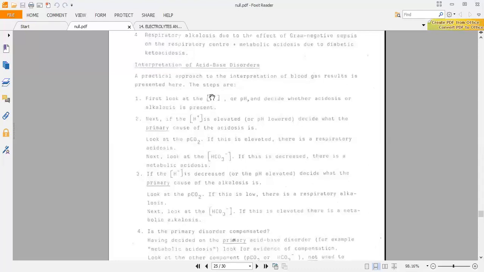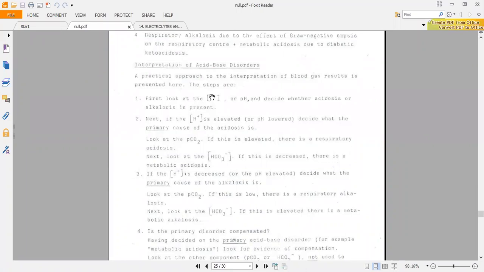Now we have looked at the various clinical scenarios and what they cause. For example, if the question says that someone is vomiting, then in your mind you know that the person is losing H plus, so the person will go into the state of metabolic alkalosis.